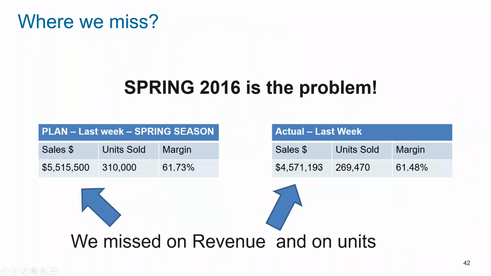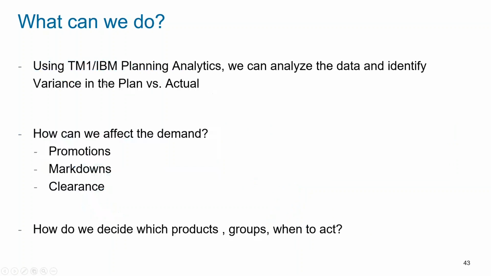We missed by $1 million, and by almost 50,000 units, and our margin was okay. So we missed on revenue and on units here. This information you can get from TM1, using TM1 analytics to get the variance between the plan and the actual.